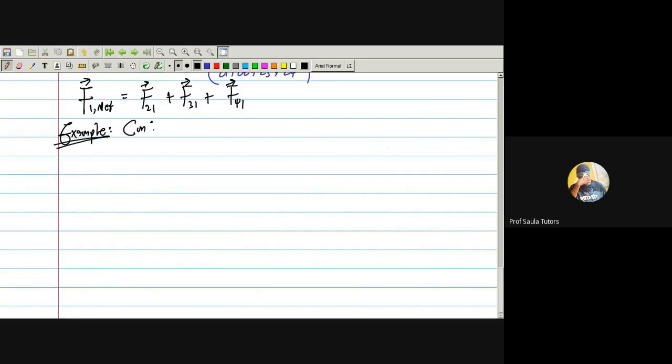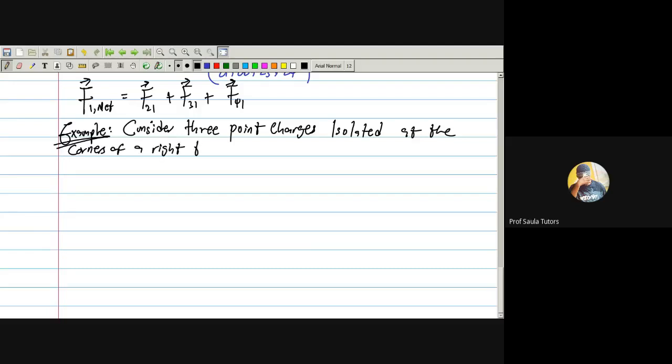They said, consider three point charges isolated at the corners of a right triangle as shown below.